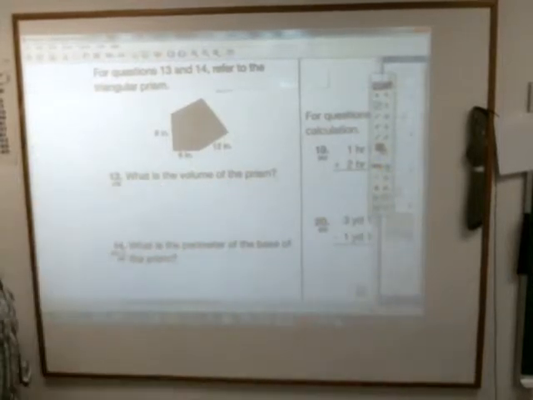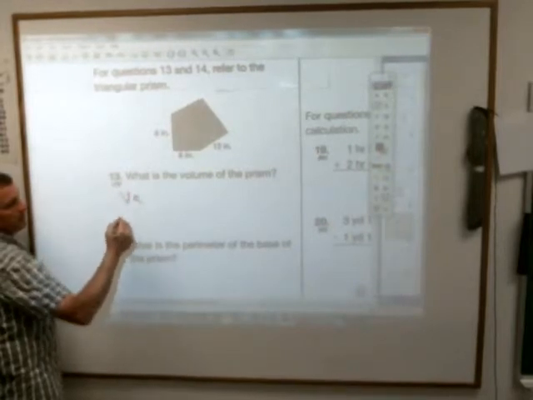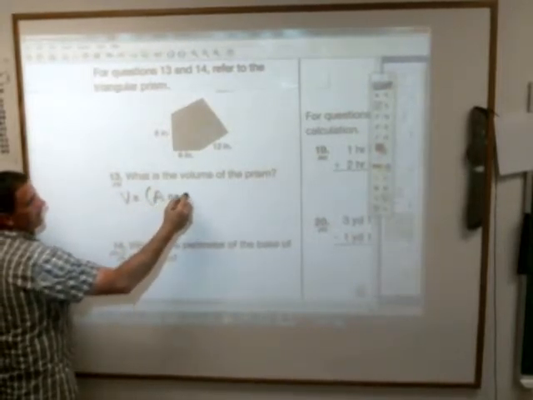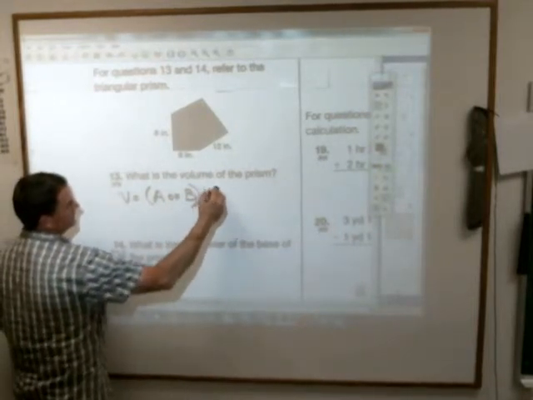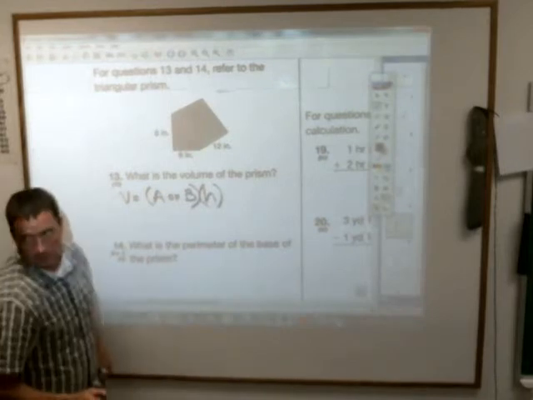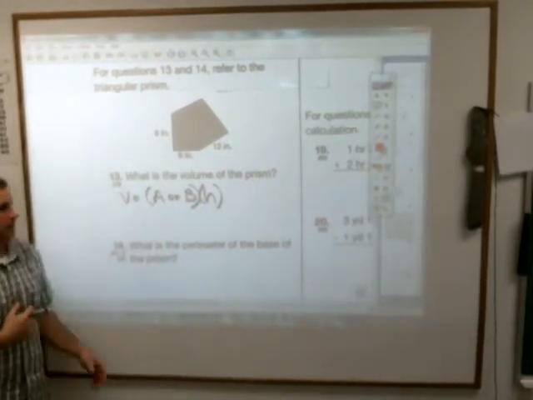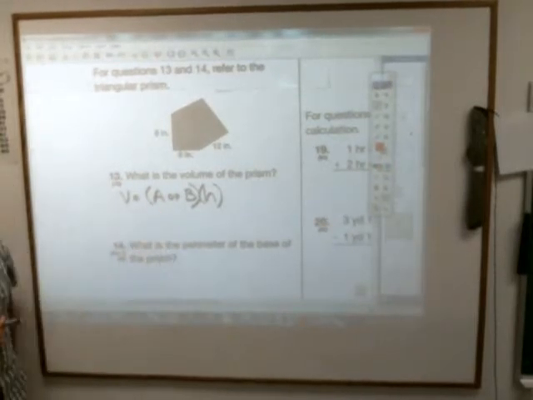The volume of the prism. Volume is what? Area of the base times the height. And this is one of those where how do I know what the base is? Because of the loaf of bread. A loaf of bread.